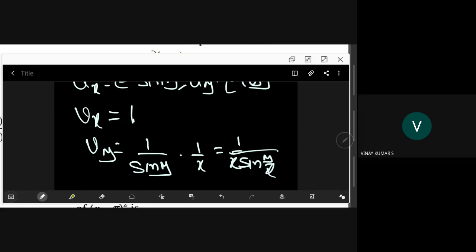So cos y, I have to write here. Good. And this is not there. It is this mistake. So this is equal to cot y. Okay. Vx, Vy also we have calculated.